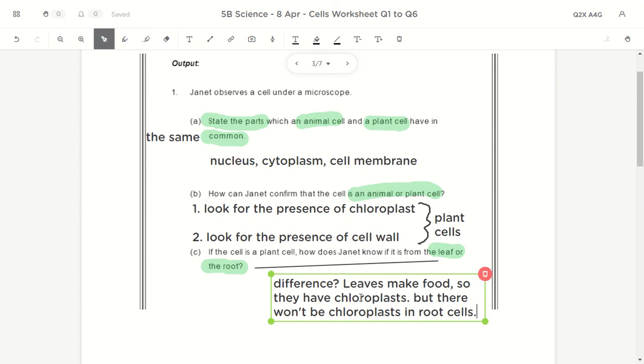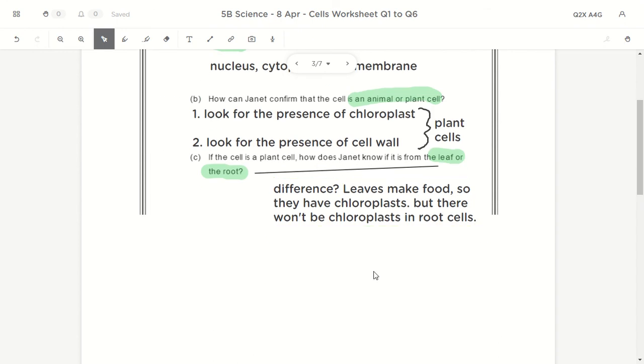Okay, so when you look at this question, you need to think about the difference between leaf and the roots. Leaf cells make food, so they will have chloroplast, but root cells don't make food, so there won't be chloroplast. So maybe we just write down over here.